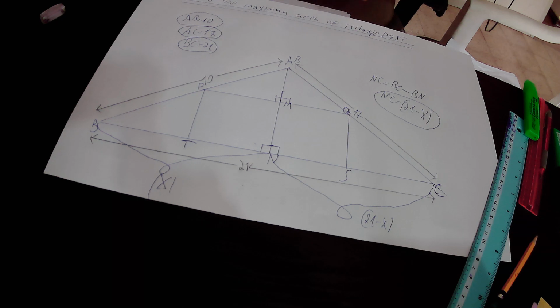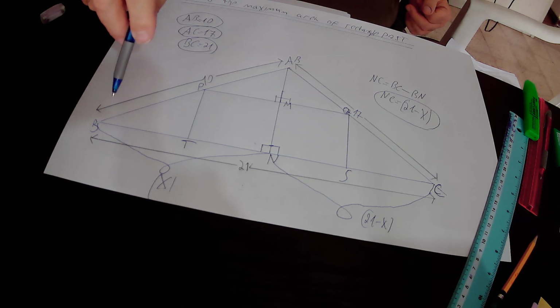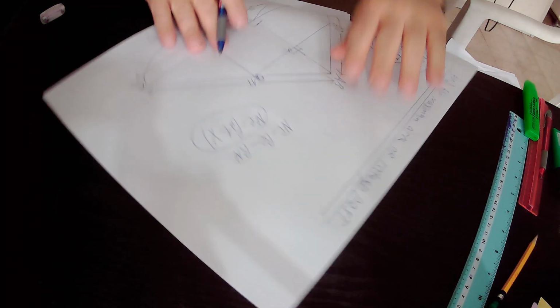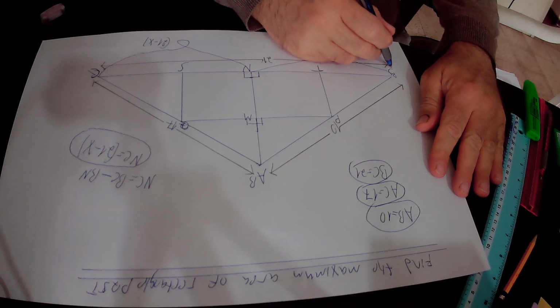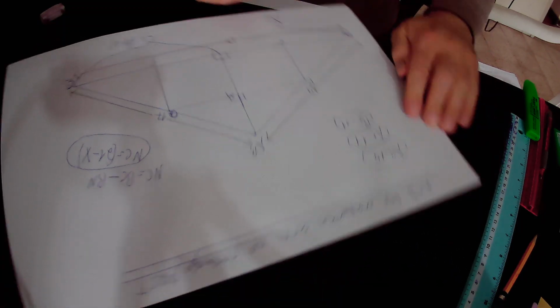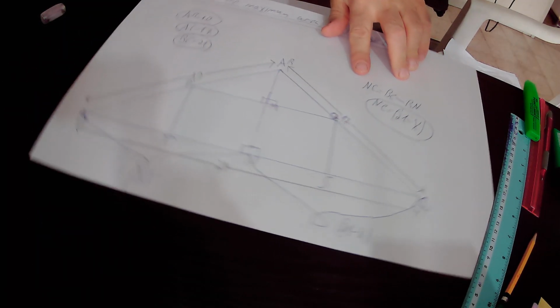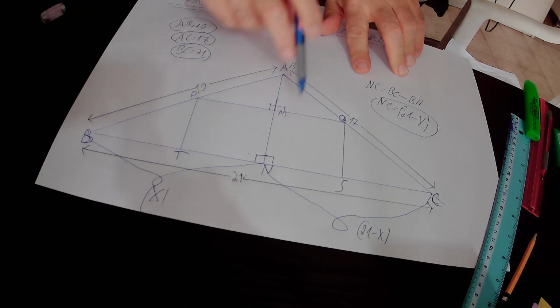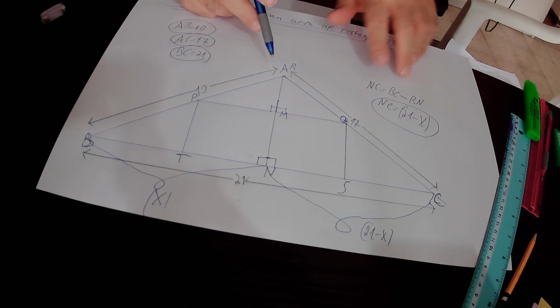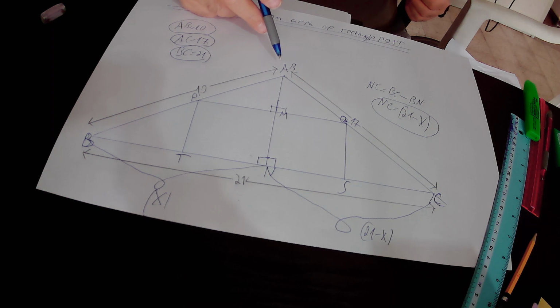In the next step, we continue to focus on this right triangle ANB. So I copy this right triangle ANB onto a new page, and we will apply the Pythagoras theorem on this right triangle.